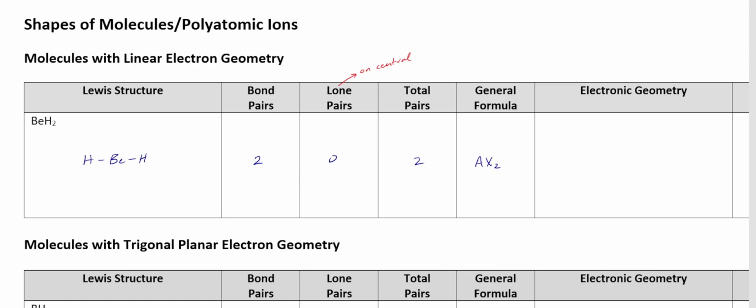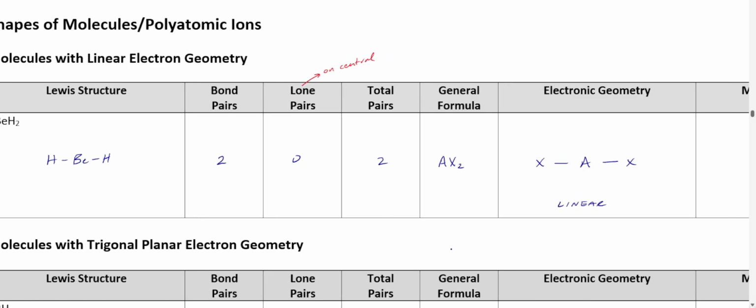So when I think about this, how would I arrange my surrounding atoms to minimize the repulsions of the electrons? Well, by putting them this way right here, these electron pairs are maximally spaced apart to minimize repulsions. Okay? This electronic geometry is called linear.